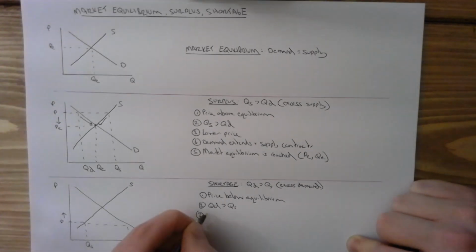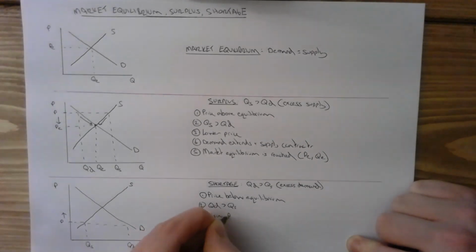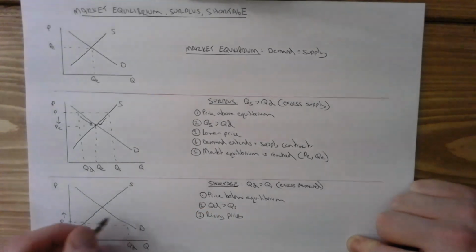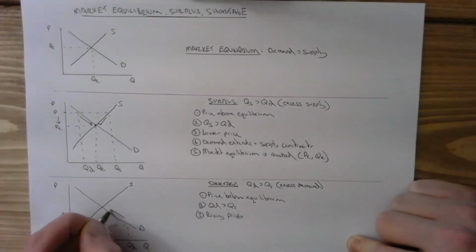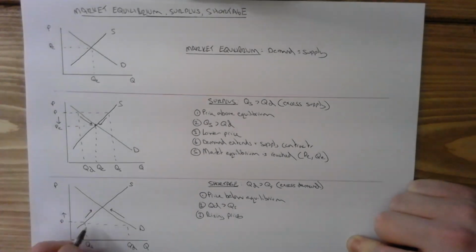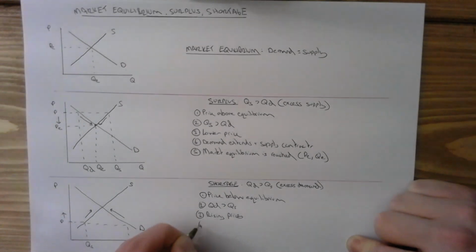And so here we have a situation where prices start to rise. And as prices start to rise, two things happen. Demand starts to contract, moving along the demand curve in this way, and supply starts to extend, moving along the supply curve in this way. So I'm going to make a note of those points there.